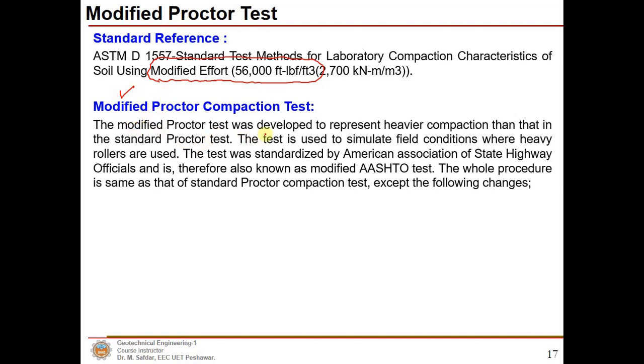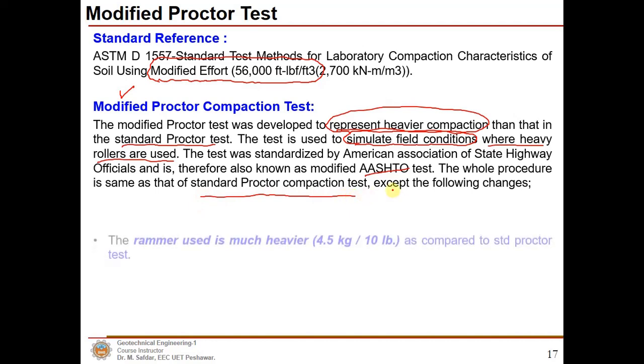The modified Proctor test was developed to represent heavier compaction than that in the standard Proctor test. The test is used to simulate field conditions where heavy rollers are used. The test was standardized by the AASHTO, and the whole procedure is the same as the standard compaction test except for the following changes.